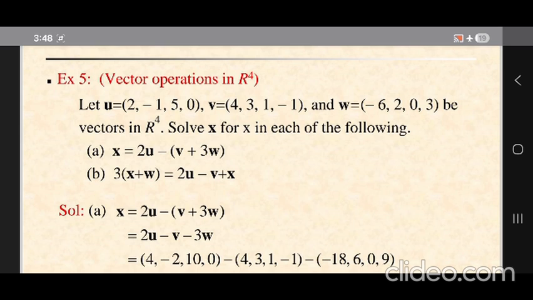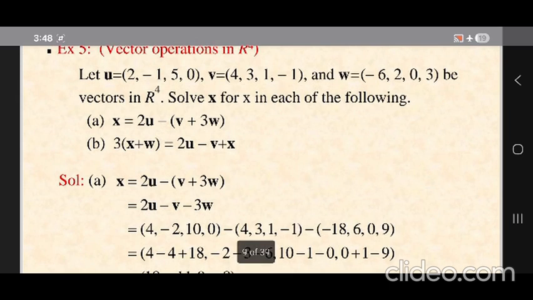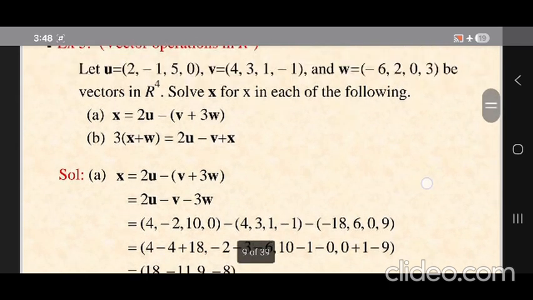First part: x equal to 2u minus v minus 3w. The minus is multiplying the inside of the bracket. First, substitute the values. 2 multiplies the u vector: the first element is 4, the second element is minus 2, then 10, comma 0.